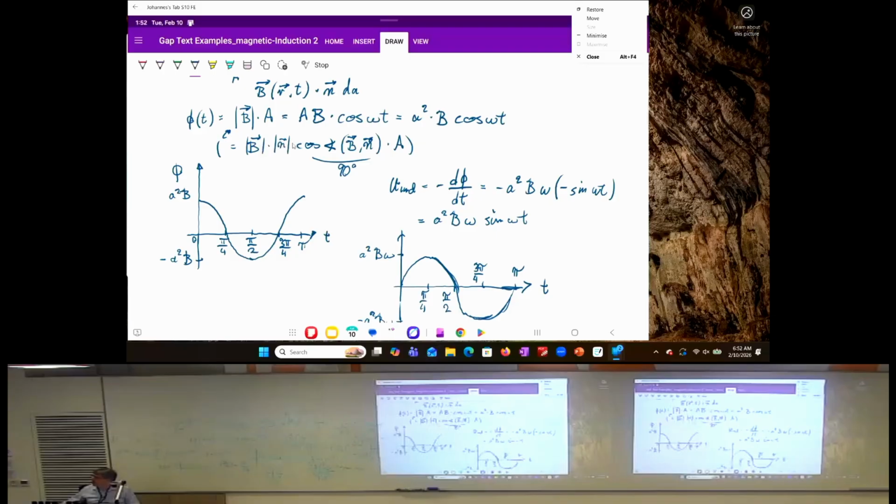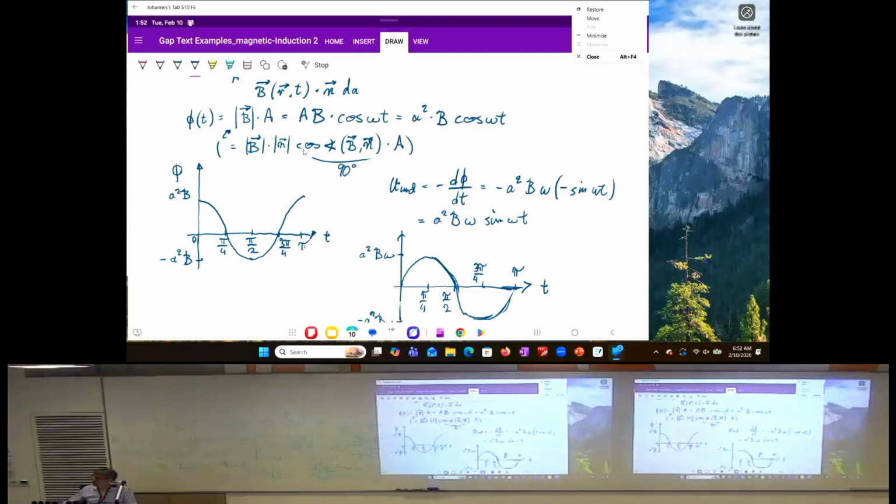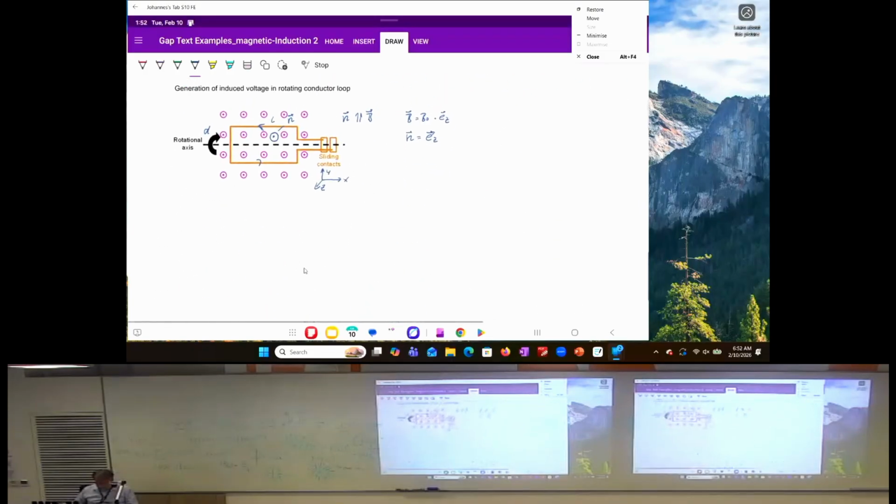So you have a normal vector with a temporal dependence, and if the rotation can be described by a cosine function, the normal vector will depend on cosine. That would be for the next example.